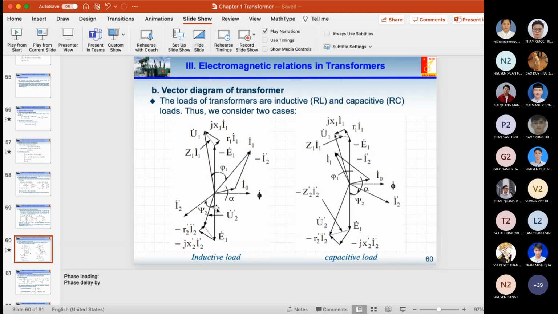Here the vector diagram shows the transformer is connecting to the inductive load, and this case is connecting to the capacitive load.